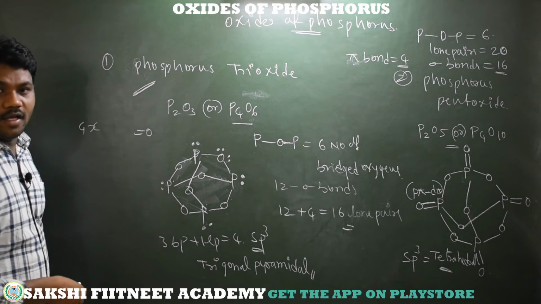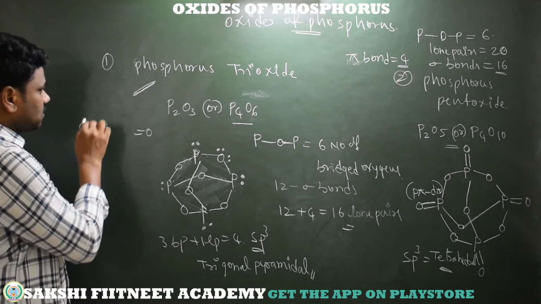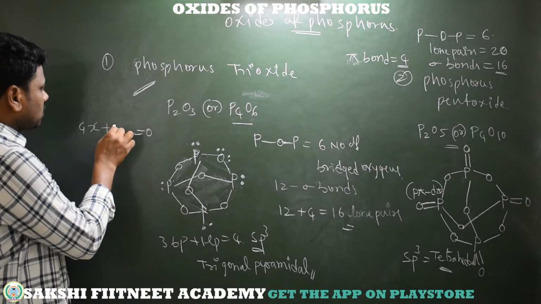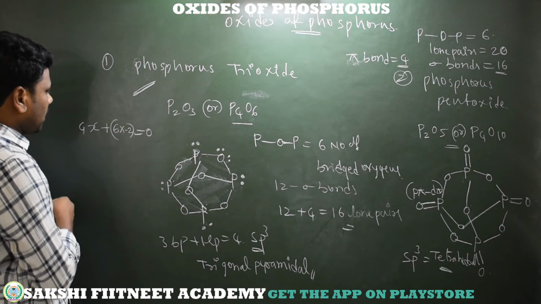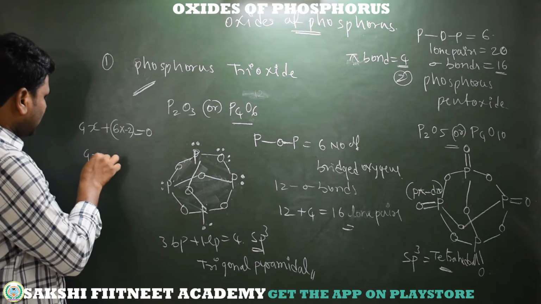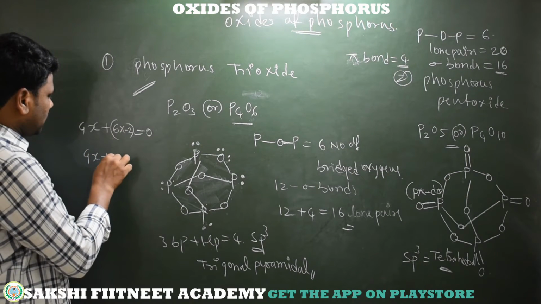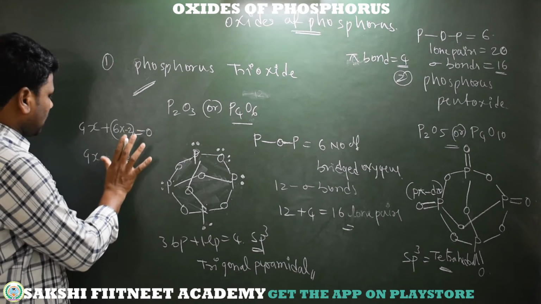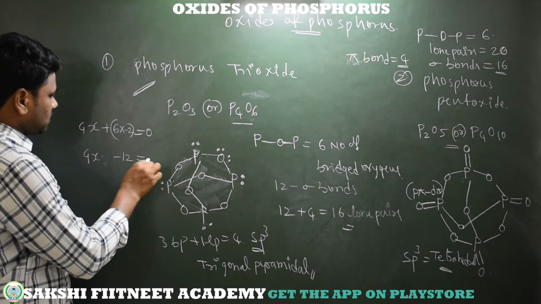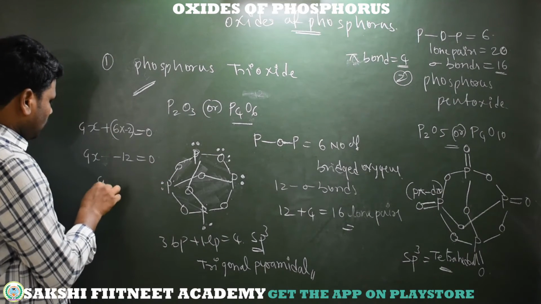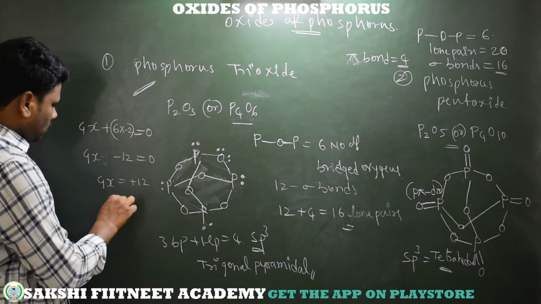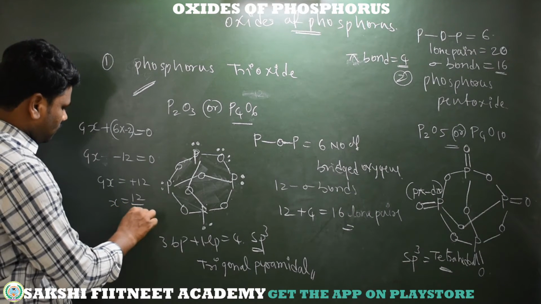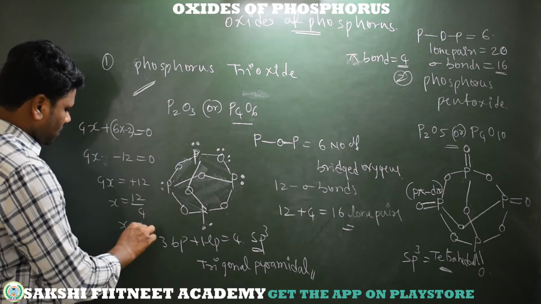I am taking 4x plus 6 oxygen atoms, 6 into minus 2. It's minus 12. So 4x minus 12 equals 0. Now 4x equals plus 12, so x equals 12 by 4, x equals plus 3.